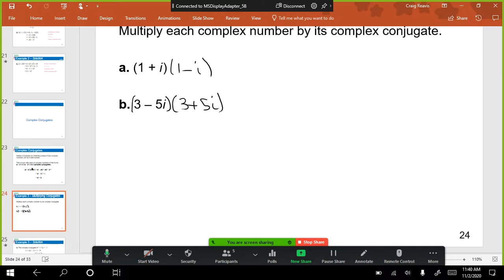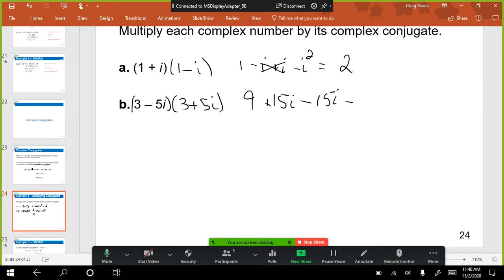Okay, notice when I multiply that out, that's going to be 1 minus i plus i minus i squared. And that adds to 0. That turns to positive 1, and I get 1 plus 1 is 2. Here we get 3 times 3 is 9 plus 15i minus 15i.